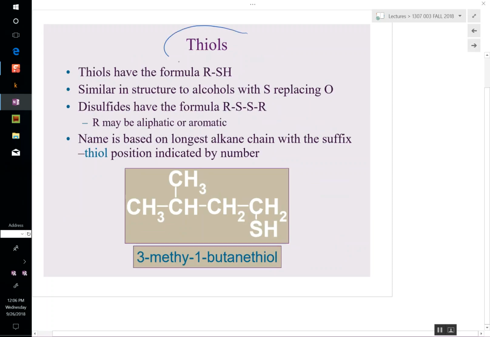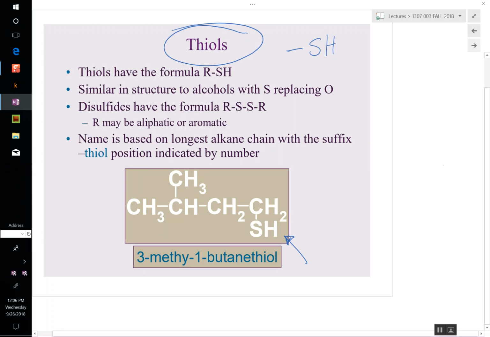Okay, thiols. What is a thiol? It's an SH group. And that's about as far as I expect you to understand thiols. If I said which of the following functional groups is a thiol, or which of the following organic compounds is a thiol, you're going to look for this SH group right there.